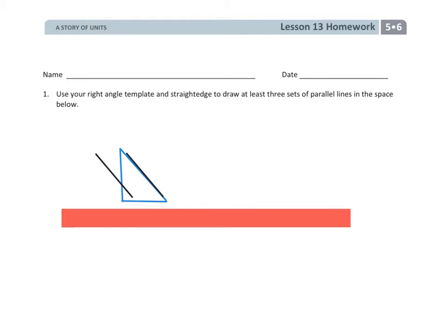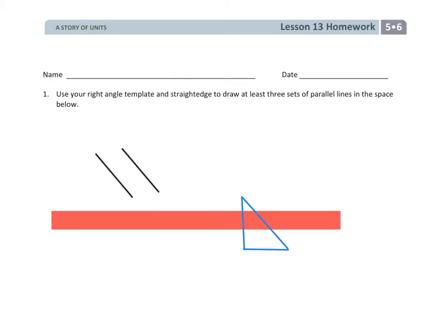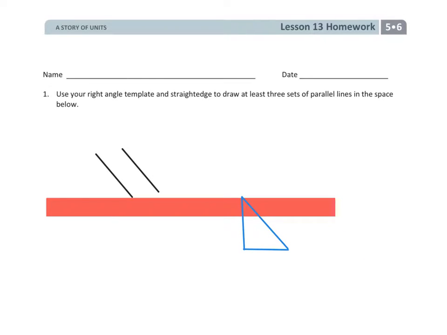And now if I remove my tools, I'll see that I have a set of parallel lines. And I know they are because they're at the same angle if I make a triangle with them, meaning if I put my straight edge down at the bottom of this first line and draw a line straight over and then straight up, I'll make a right triangle.